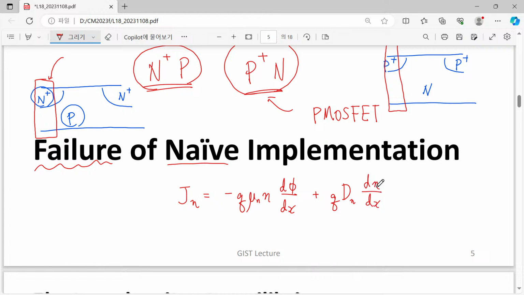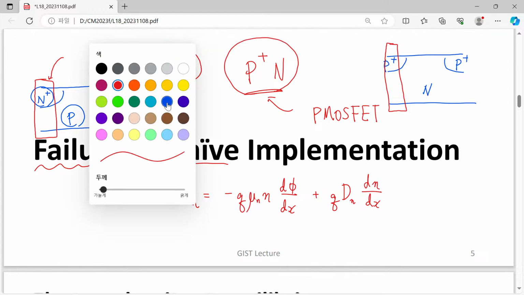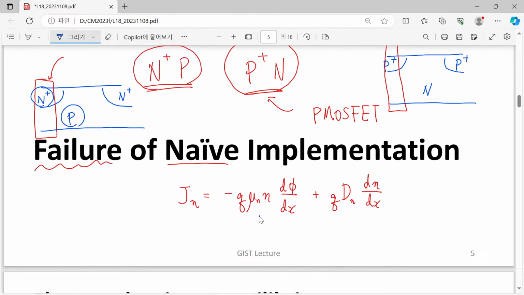And the point is, how can we treat the values of electron density, the gradient of electrostatic potential, and the gradient of electron density? In our naive implementation studied up to now, we made such an approximation.